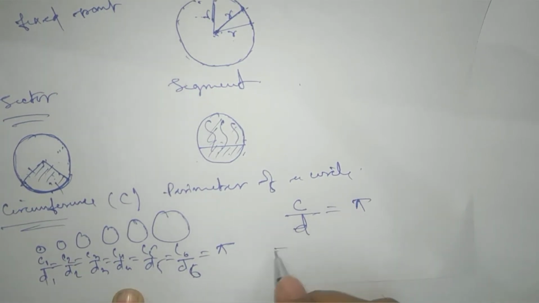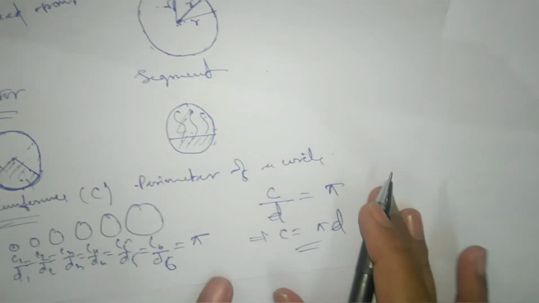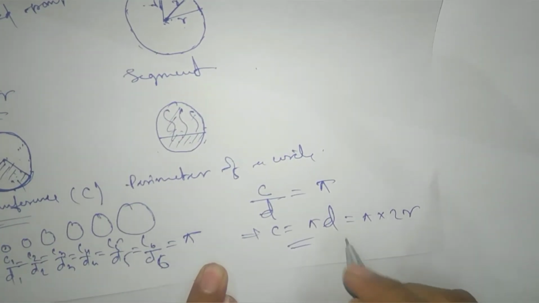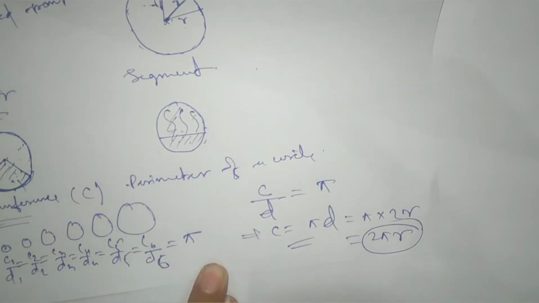From this definition, C equals pi D. This is one formula. And we know that diameter means 2 times radius. That means our formula is 2 pi r. So this is the circumference of a circle, 2 pi r, and this is also the circumference of a circle, pi d.